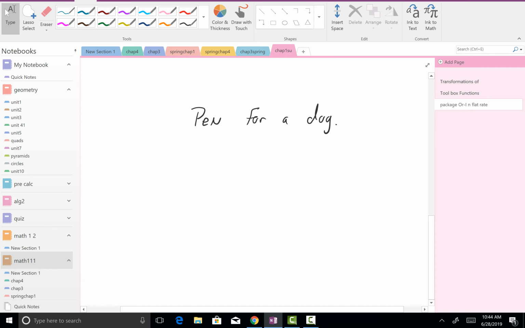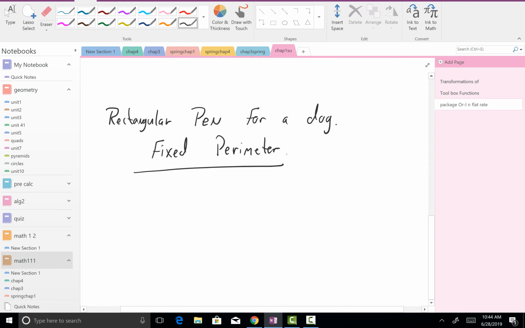All right, so we're going to make a pen for a puppy, and we want it to be rectangular. Okay, and what we have is a fixed perimeter. All right, and when we fix our perimeter, that also means we're fixing our costs.